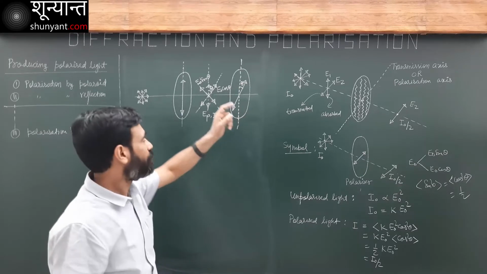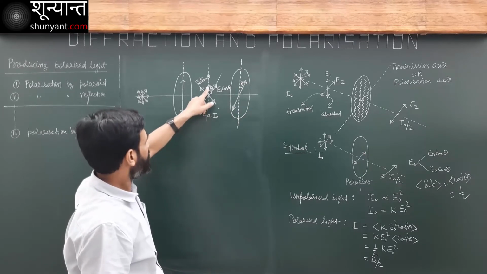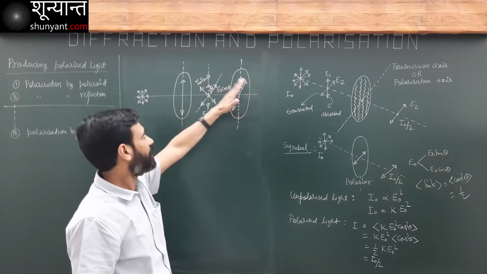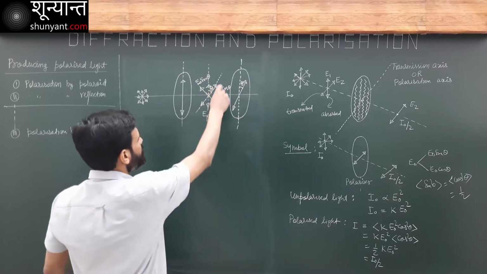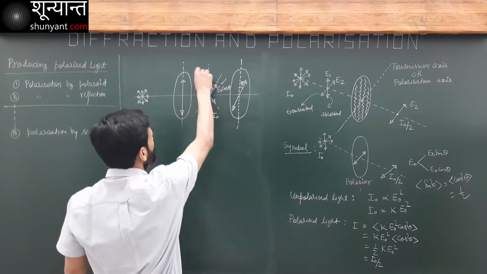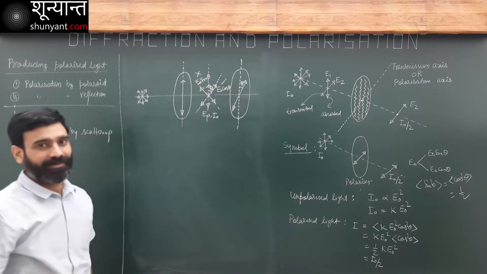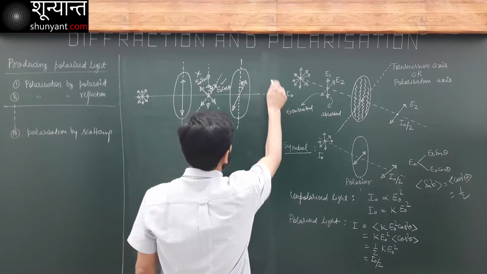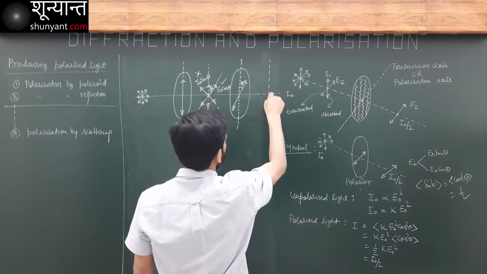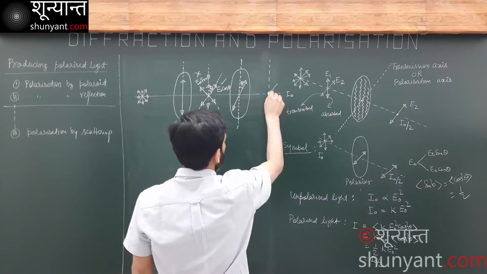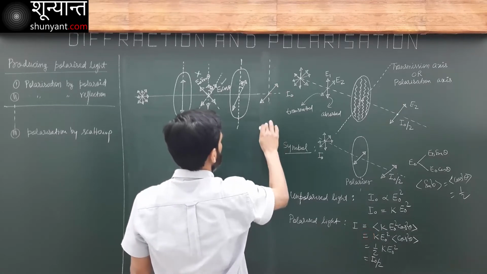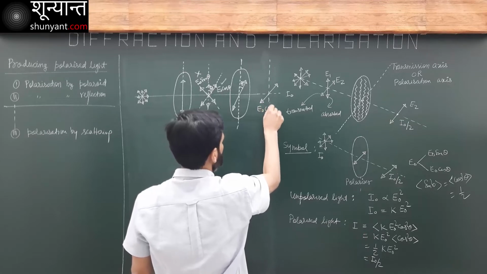So I am breaking this electric field into two components, along the polarization axis and normal to it. The first is going to be transmitted, and the other is going to be absorbed. In the final transmitted light, I am going to get an electric field in this direction, equal to E naught cos theta.